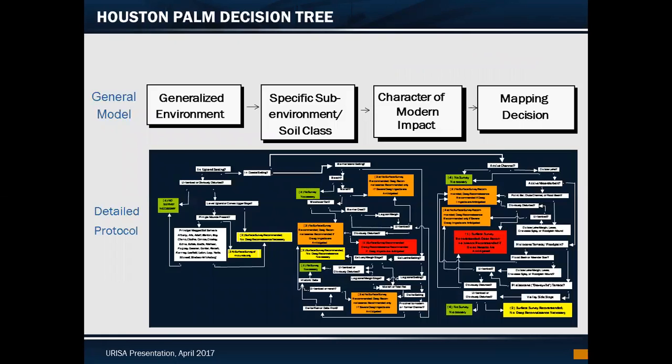I don't expect anybody to read this, but I just wanted to demonstrate that even though I was mapping by hand, day in and day out during the mapping process, there was a very structured method to the madness, moving from generalized environment to sub-environments and then overlaying characteristics of moderate impact and doing the mapping.